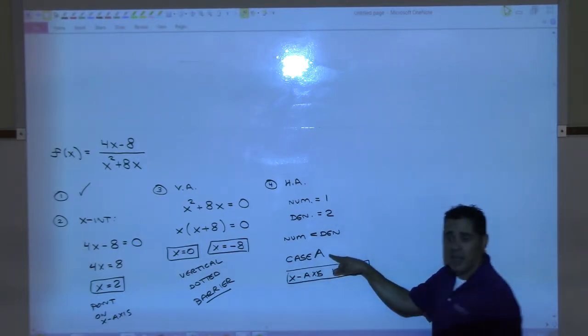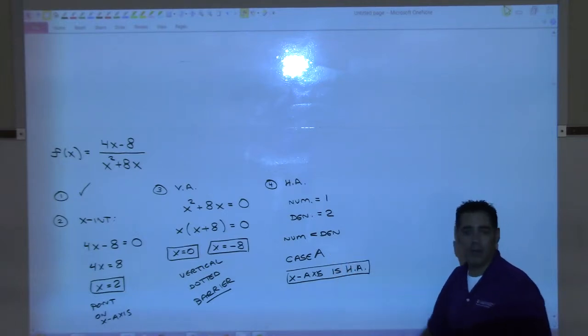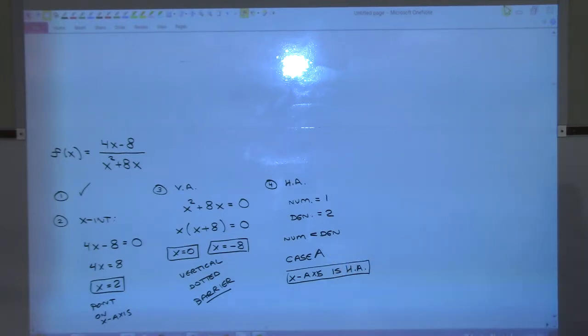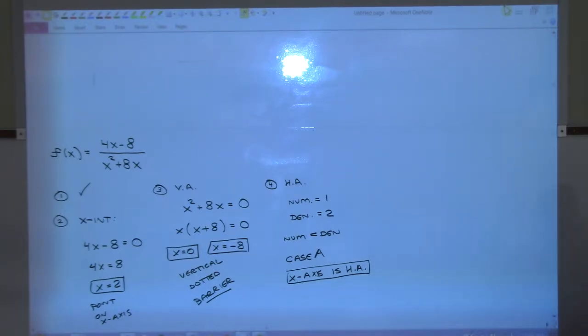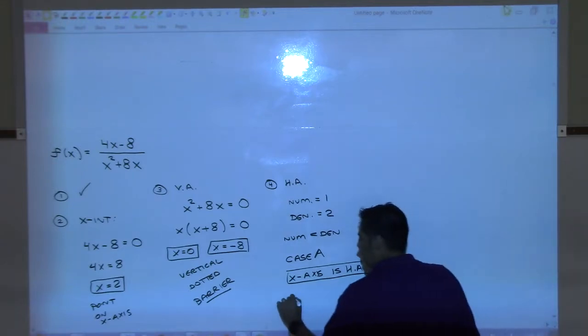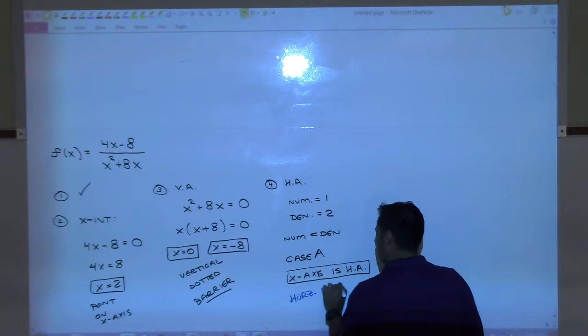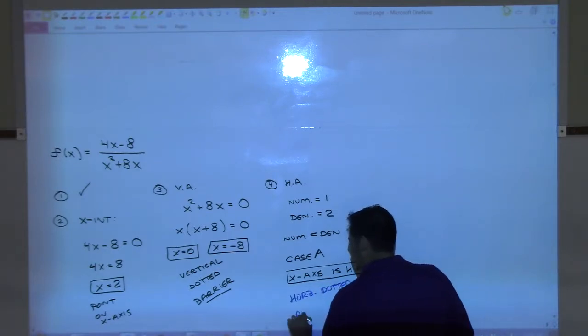Only because we're in case A, right? Case A says automatically we are in this. Now, I didn't talk too much about these. I said these were going to be magnets, right? That pull your function off. Yes? I want to add something to that. It's very important when we go to graph this. This is going to be a horizontal, dotted magnet.